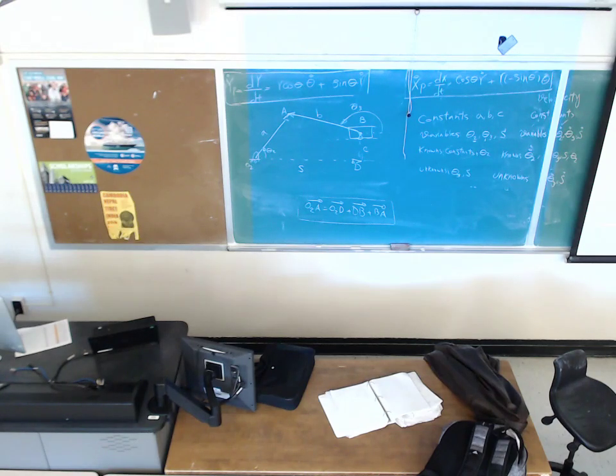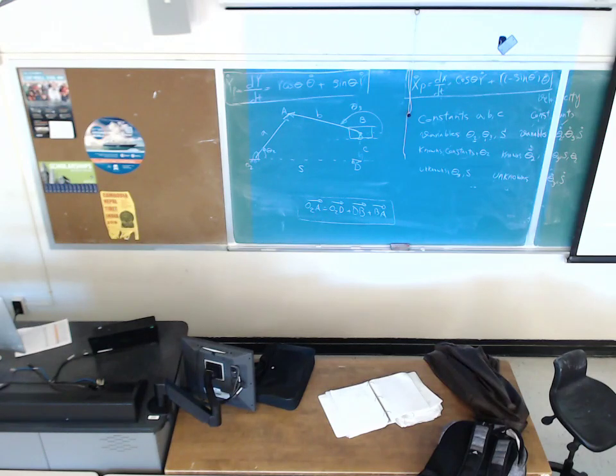I do the derivative of cosine of theta 3 with respect to time. Same as theta 2, just change theta 2 to theta 3, you will get negative sine of theta 3 times theta dot 3, same as here.